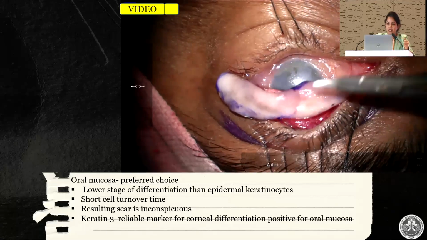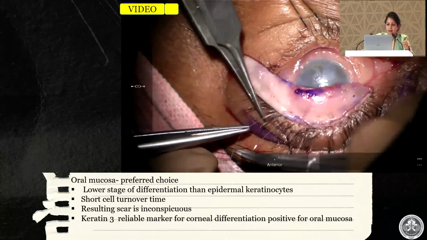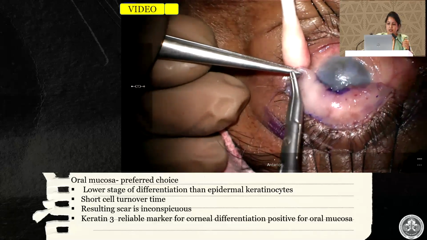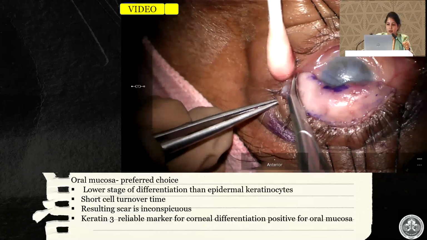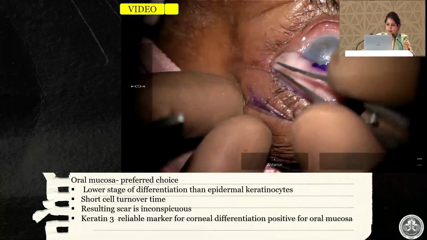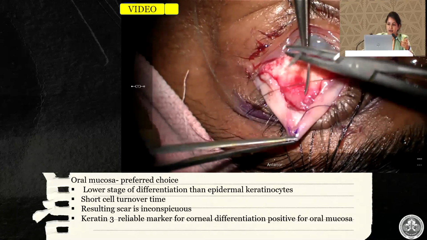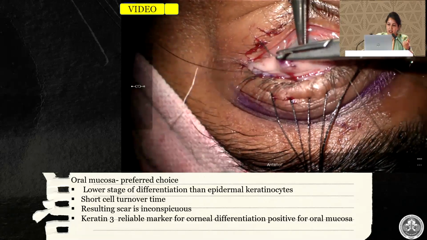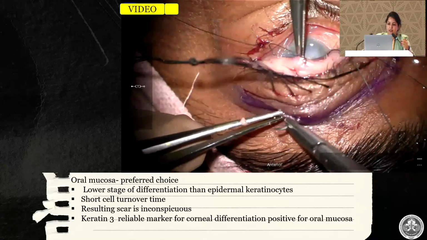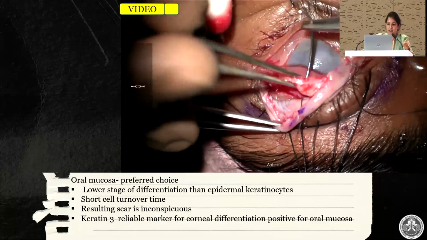After debulking the MMG, it is placed over the lid. The superior edges are secured using 6-0 or 8-0 Vicryl in a continuous manner. The inferior edge is secured to the tarsus using mattress sutures. Three or four mattress sutures can be used.